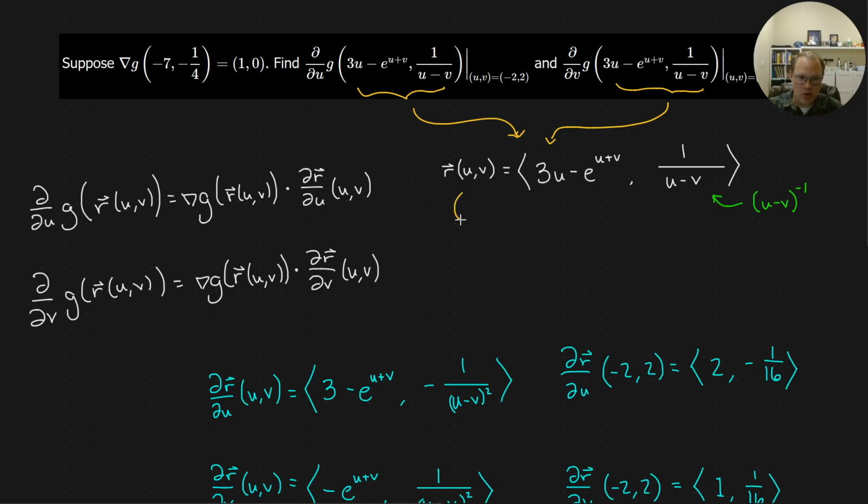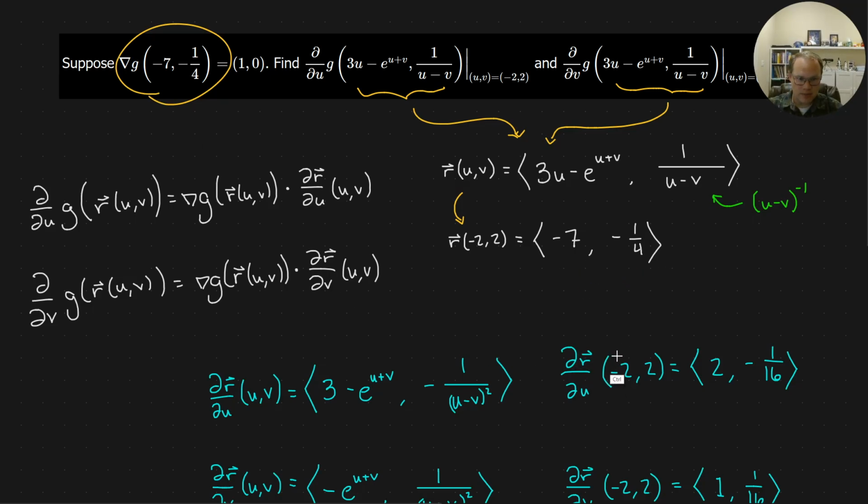So specifically note that r of negative 2, 2, the point here, is equal to, so negative 2 plus 2 is 0, so that's just 1 there. And then 3 times negative 2 is negative 6. So negative 6 minus 1 is negative 7. And then 1 over u minus v. u is negative 2, minus v of 2. So that's 1 over negative 4. That's negative 1/4.